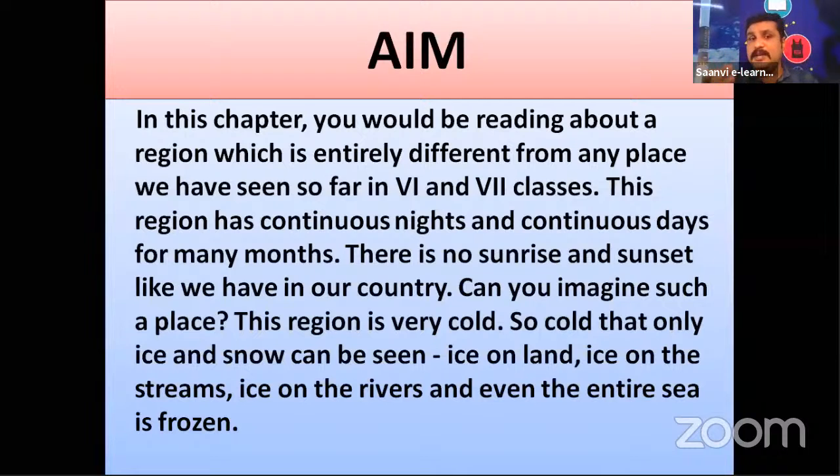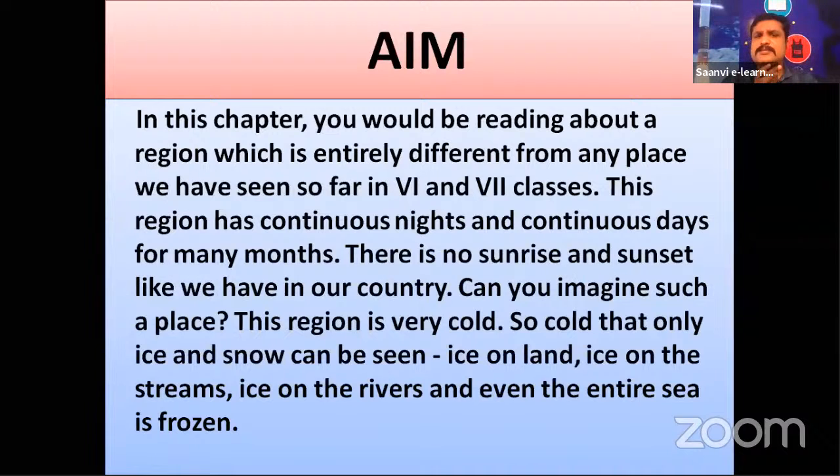There is no sunrise and sunset like we have in our country. We have sunrise every day, 12 plus 12, 24 hours, which we can divide equally, with some variations. Even so, we have day and night almost equally, but when it comes to the polar region, we can see a lot of difference. There is no sunrise and sunset properly like we have in our country.